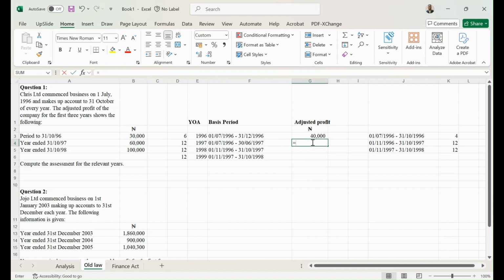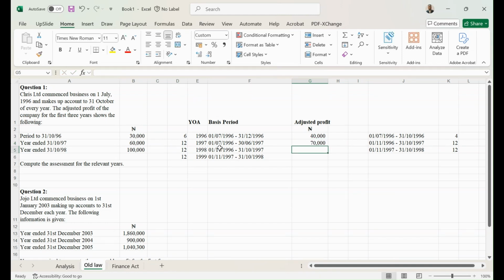So I'm just going to say it is equal to 30,000 plus, we've agreed that the remaining 8 months is inside that 60,000, so 8 over 12 multiplied by 60,000. Okay, and that will give us 70,000. See the formula again: the first 30,000 plus 8 over 12, the remaining 8 months in this second date can be found in this 60,000, multiplied by 60,000.